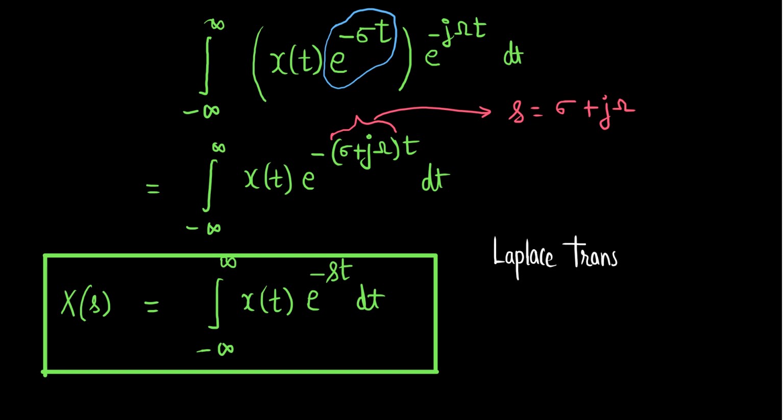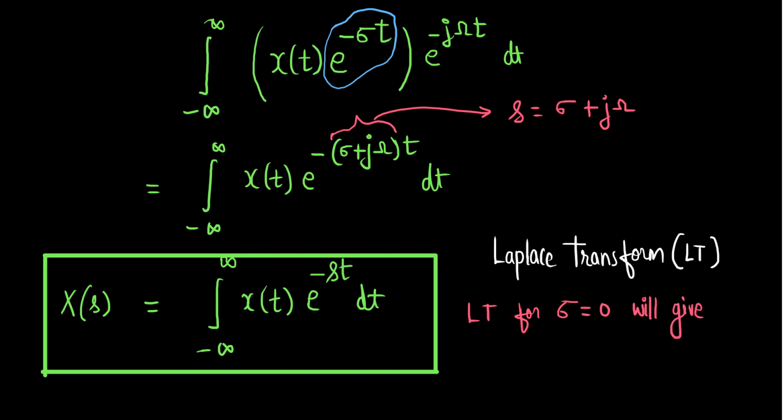The Laplace transform, let it be LT, for sigma equals 0 will give the Fourier transform.